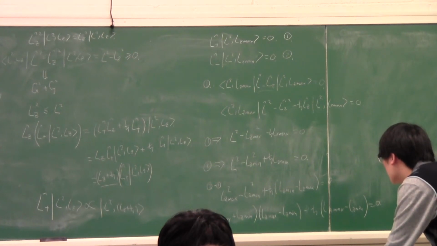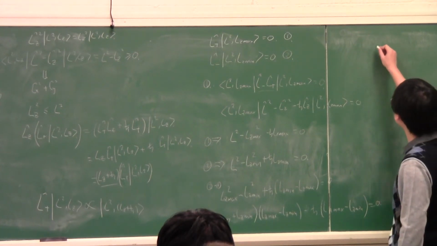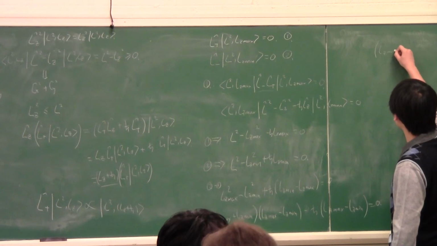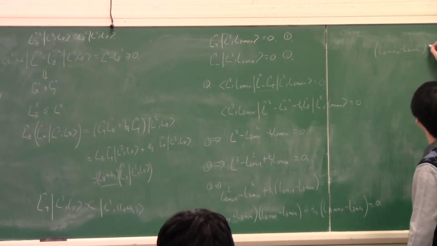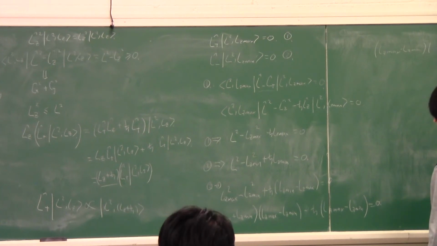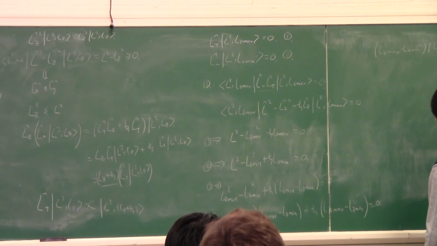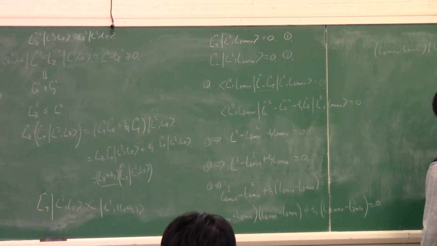So I can combine them into LZ max minus LZ minimum times LZ max plus LZ minimum minus h bar.